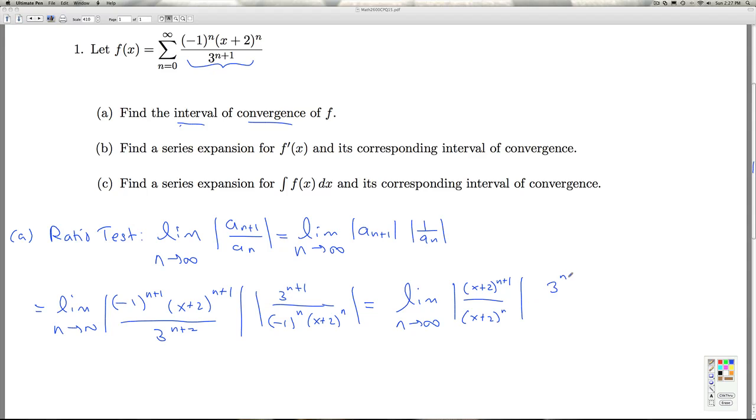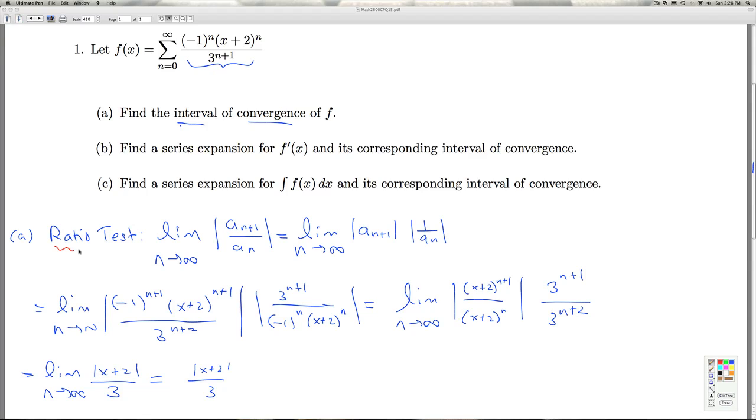I'm just going to have 3 to the n plus 1 over 3 to the n plus 2. So I get the limit as n goes to infinity of, simplify this, the absolute value of x plus 2. 3 to the n plus 1 over 3 to the n plus 2 is going to leave me with a 3 in the denominator. And I see that all the n's have disappeared, and so I just get absolute value of x plus 2 over 3.